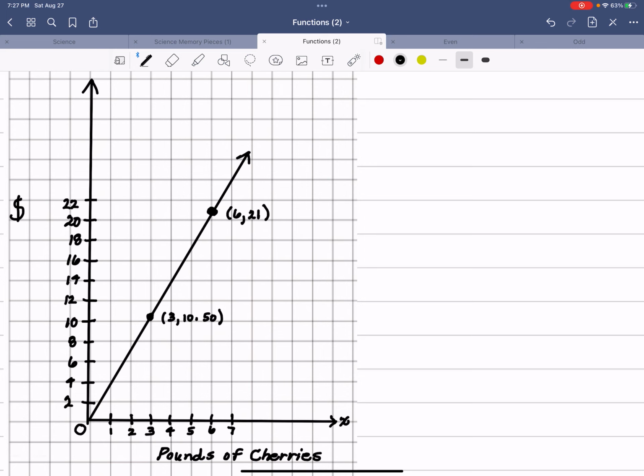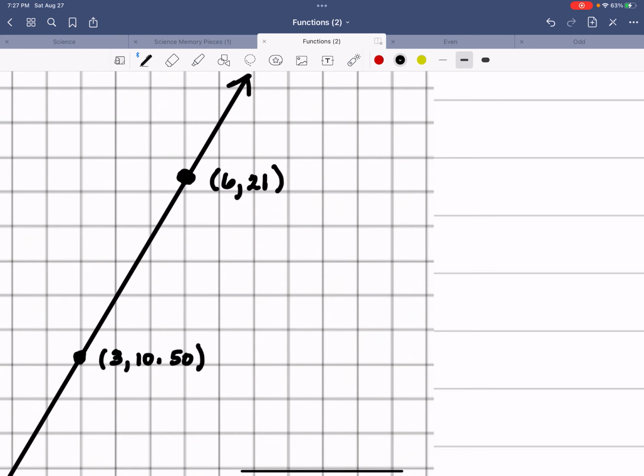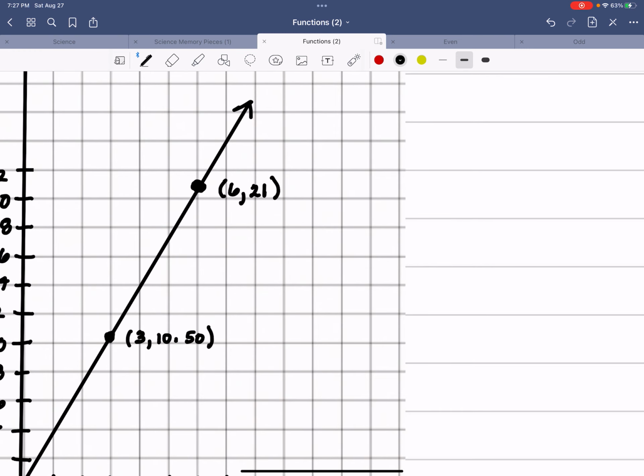All right. The first thing that we need to do is find the slope. So how would you find the slope of this line? It's pretty steep. You could do it by counting probably, but let's just be sure and use the formula.